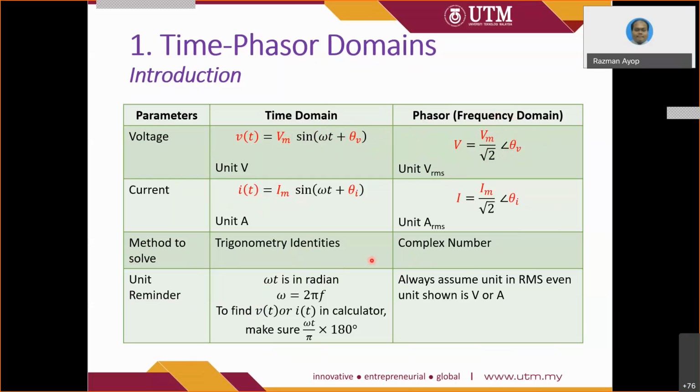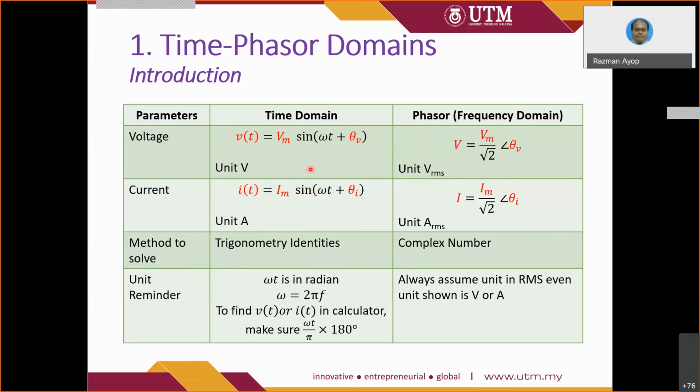The important part is why we change from time domain to phasor domain. Because in time domain we use trigonometric identities, which are quite difficult to solve. If you add, for example, v and i, you have to remember how to add sine and sine.